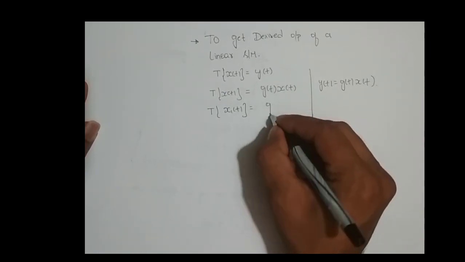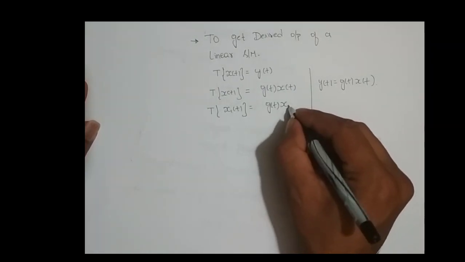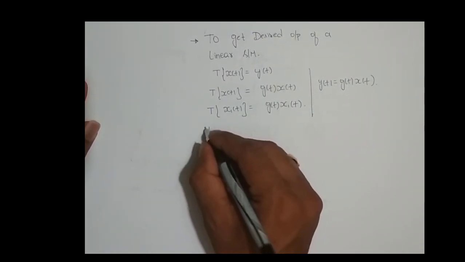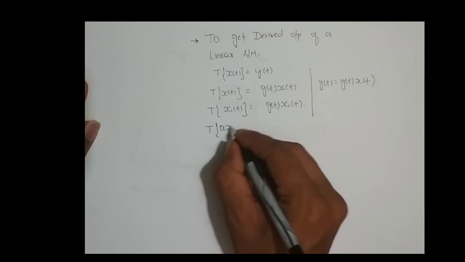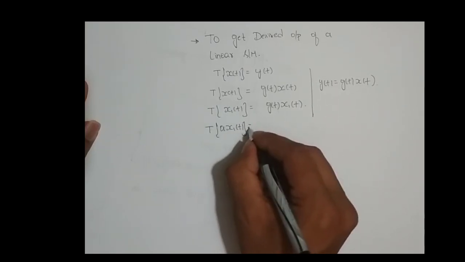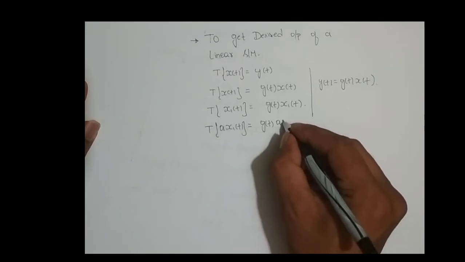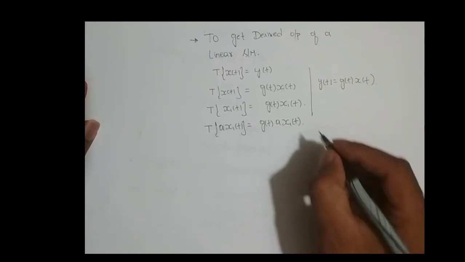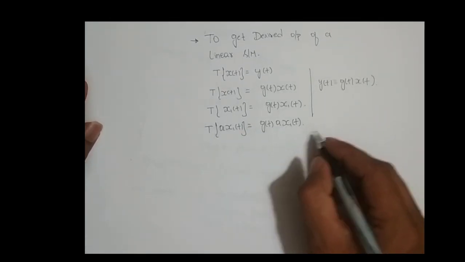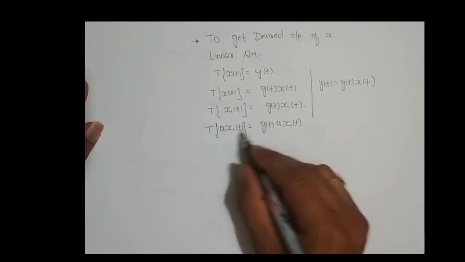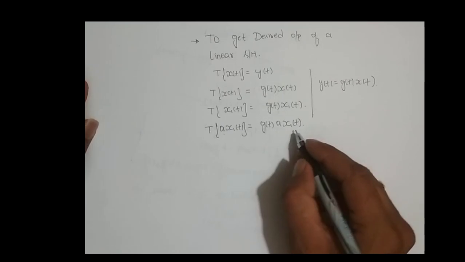It is nothing but g of t into x1 of t. What if I scale the input? Transformation of a times x1 of t: I should get g of t into, instead of x1 of t, I should write a times x1 of t. So this is the scaled input, and for this scaled input I'm getting this scaled output.